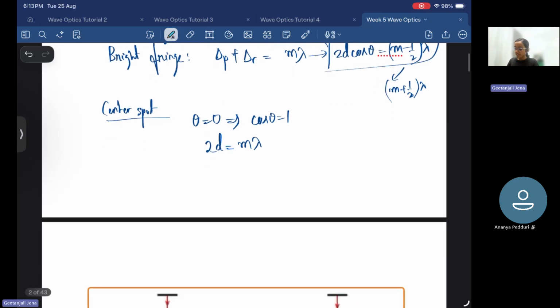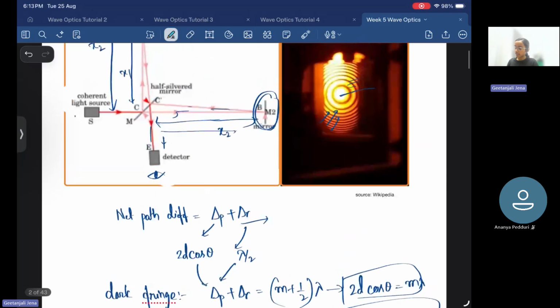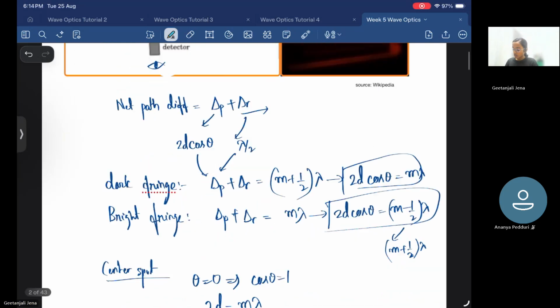And this m is the maximum value of m that we can get in the experiment. All the rings beyond this dark fringe have m values lesser than this m max value.